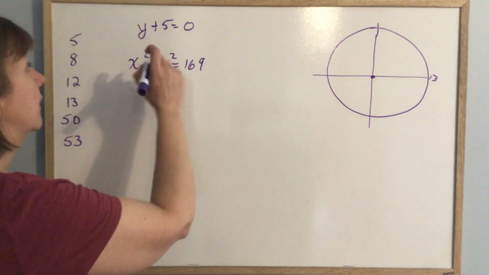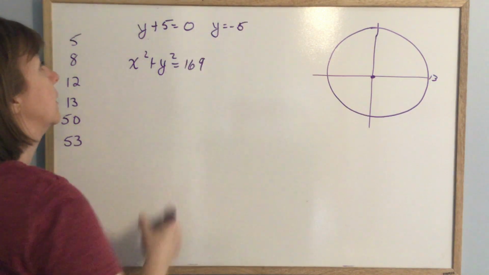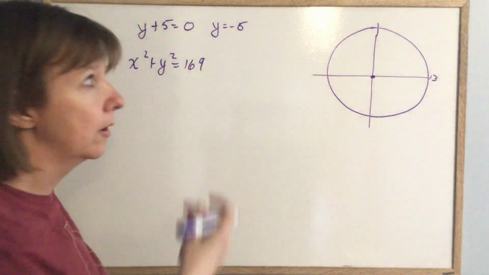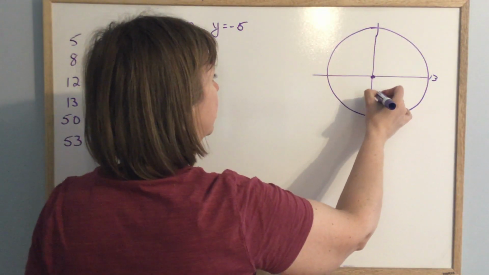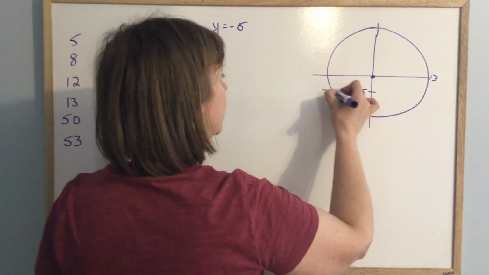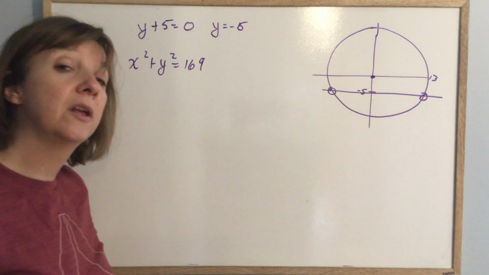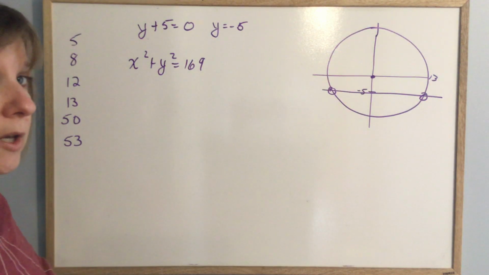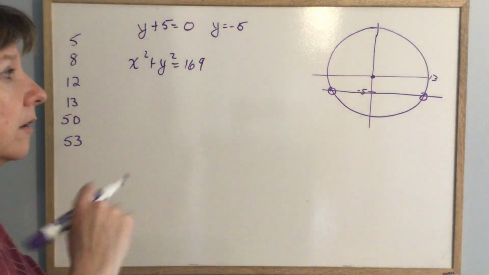Now, the equation of the line is actually y is equal to -5. So if y is -5, your line is actually a straight horizontal line. So there are two places where it's going to cross the circle.